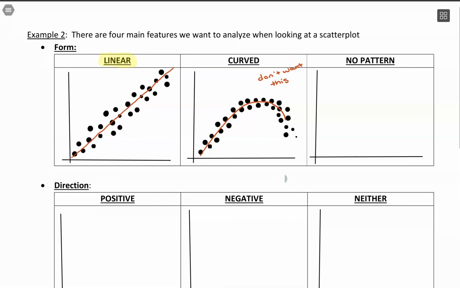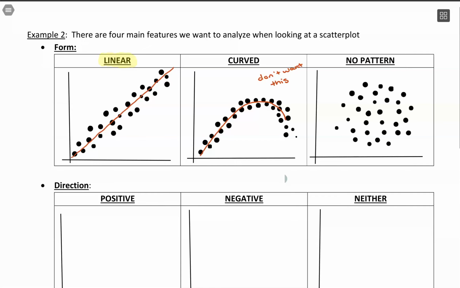And then no pattern. No pattern is a case that comes up where we could look at linear regression for it. It's just not very beneficial. In fact, in a later video, I'll talk about what we want to do with this data. With no pattern, it just kind of looks like a blob.